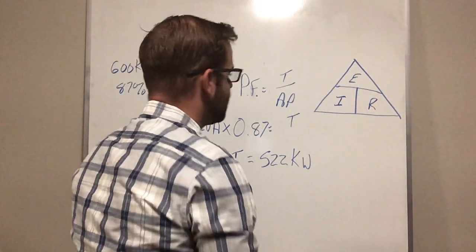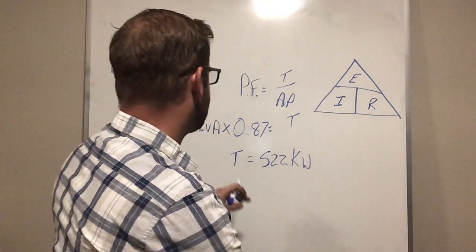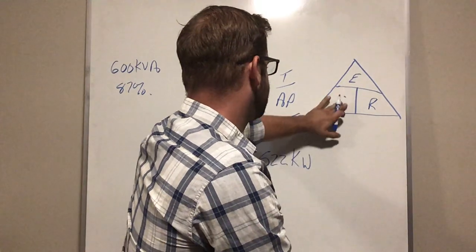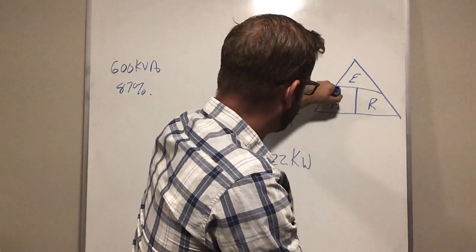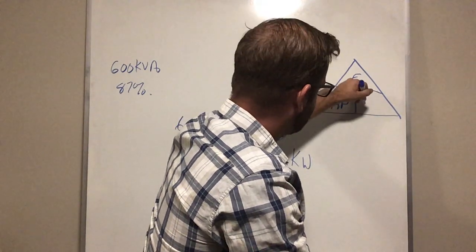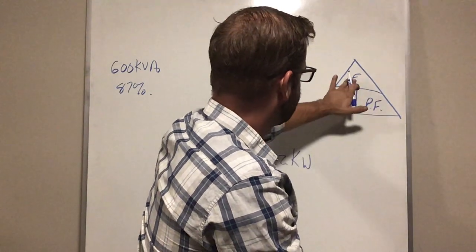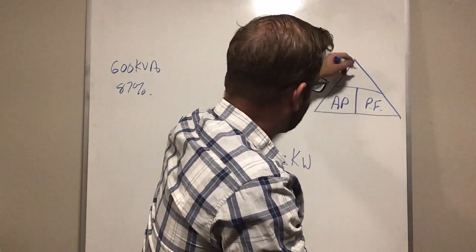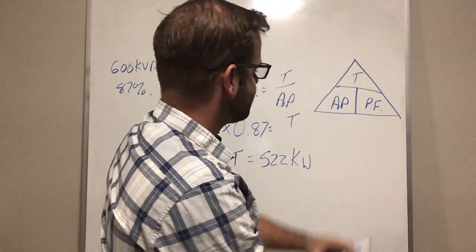Well, we can do the exact same thing here, where we have our apparent power and our power factor down below and our true power up top. And if you want to flip those, that's fine too.